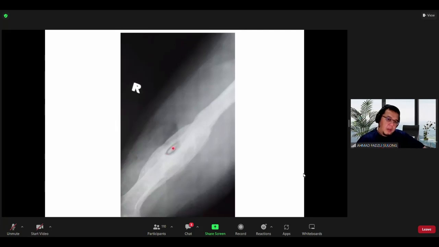So it will encapsulate it and there will be an empty space between the living bone and dead bone. That empty space is usually filled up with pus or fluid and so on, right? So this is what we call the halo sign.